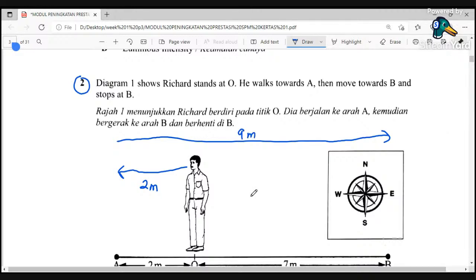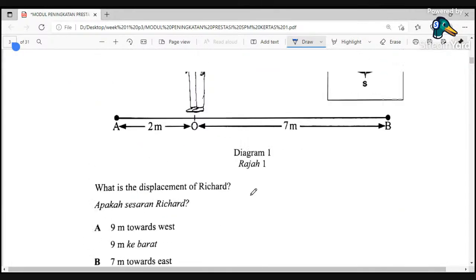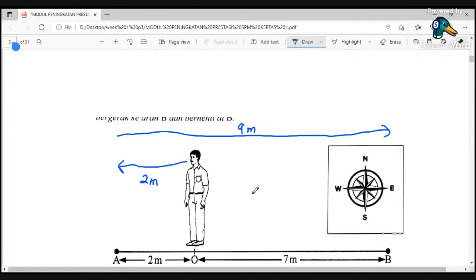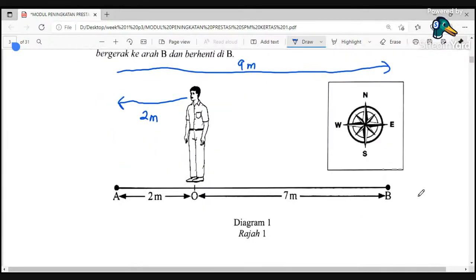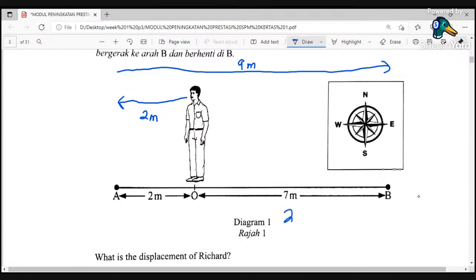Question: what is the displacement of Richard? Displacement is a vector quantity, so we need to consider direction. Kena lihat arah atau direction. Normally in KSSM we put direction to the right as positive.